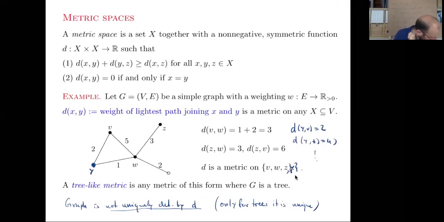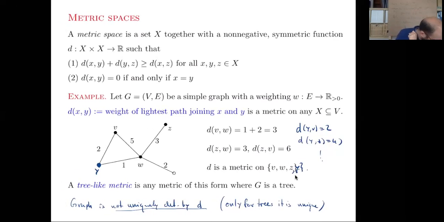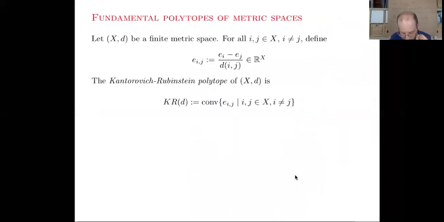Now, what I want to do today, so the polytope I was talking about in the title is a suggestion of what should be an interesting combinatorial invariant of a metric space. Let me go directly to that.